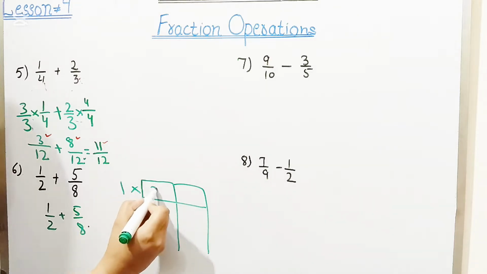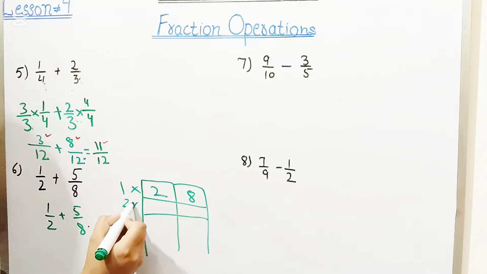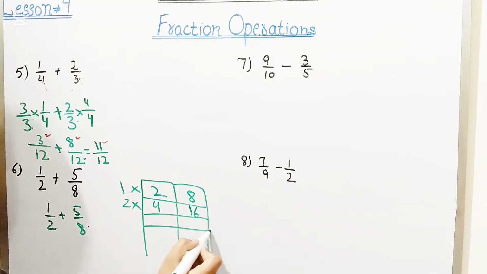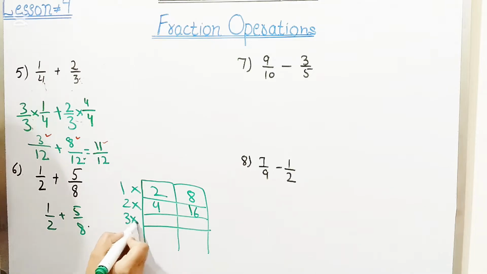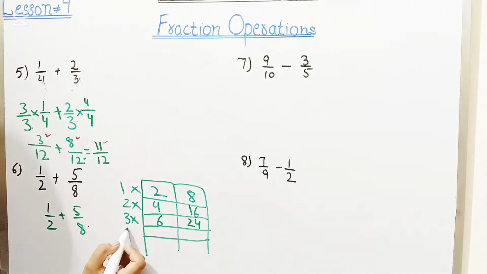Multiply with 1: 2 1s are 2, 8 1s are 8. 2 2s are 4, 8 2s are 16. 2 3s are 6, 8 3s are 24. 2 4s are 8.